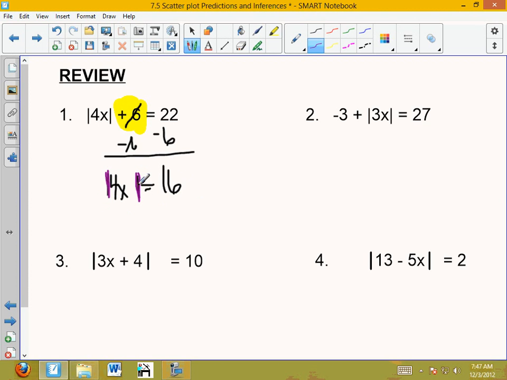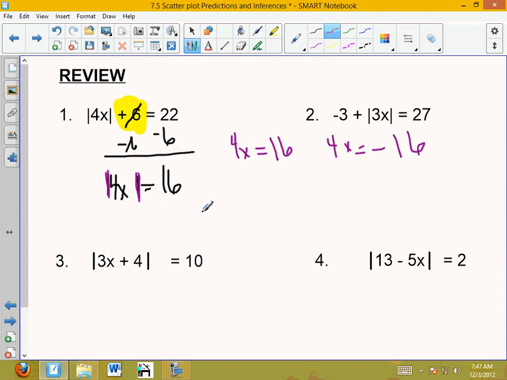Okay. So now I have the absolute value of 4x equals 16. So now I go 4x equals 16, and 4x equals negative 16.